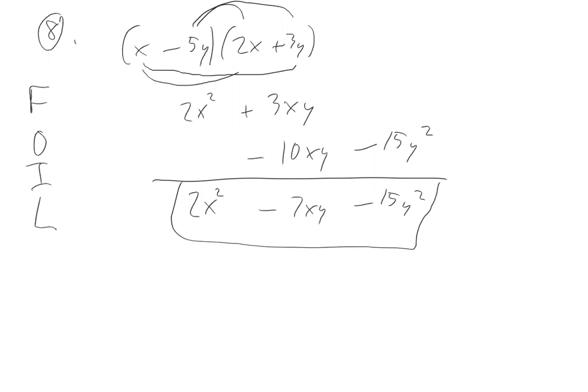Then we have problem number 9: x minus 6 squared. It says multiply using the rule for the square of a binomial. The square of a binomial is you square the first one, and then you take 2 times this times this, so we do 2ab.